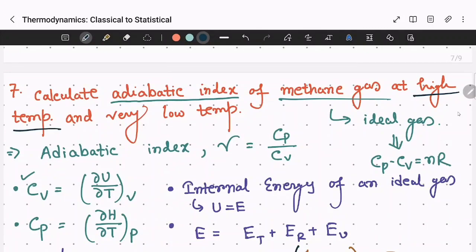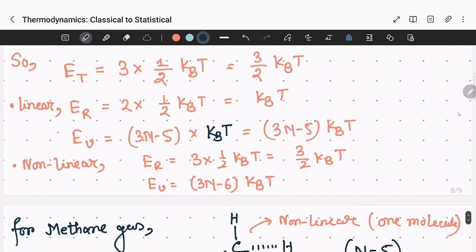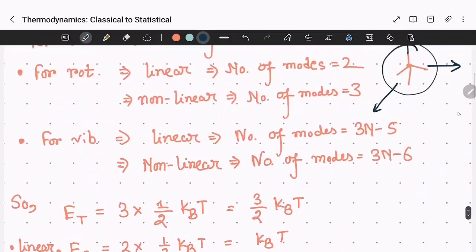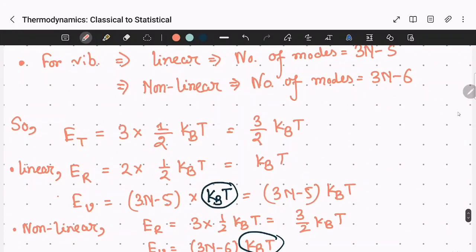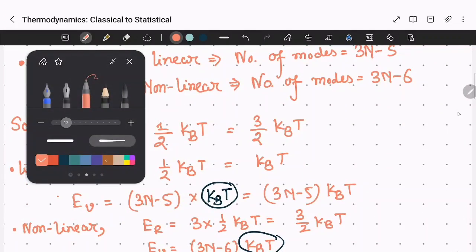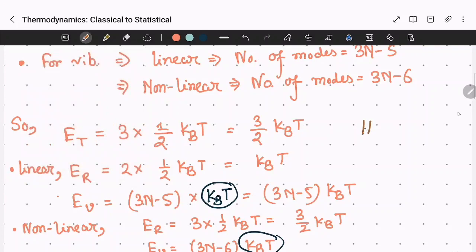At high temperature, as I mentioned, this is kBT. This total calculation is for high temperature, not room temperature. High temperature means maybe around 600 Kelvin or more.